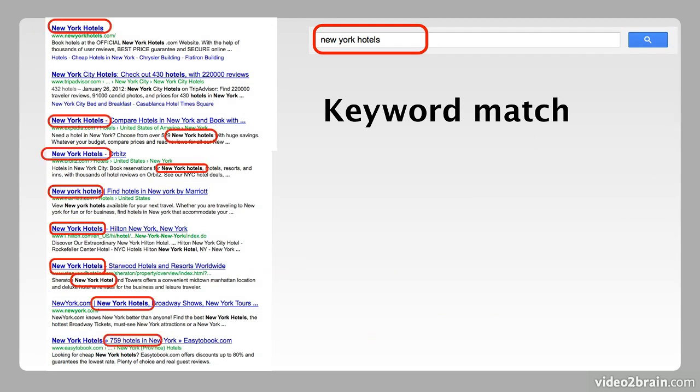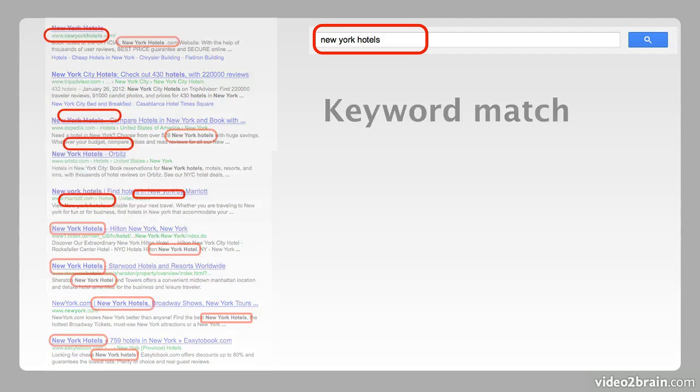You see, when someone types in something like New York hotels, the results are full of snippets. And again, the snippet is that grouping for each website result. And so what we can see here is that the keyword match of New York hotels is throughout nearly every snippet. There are some differences here, and we're going to look at that.